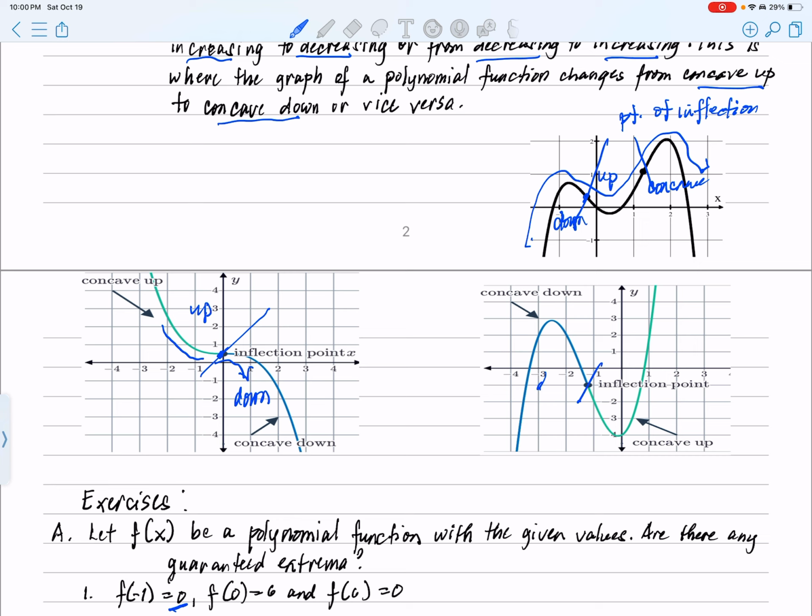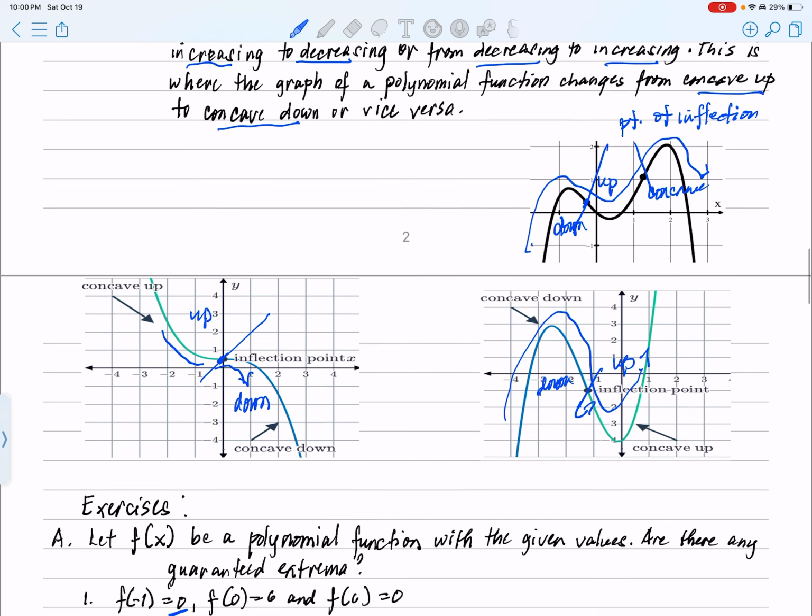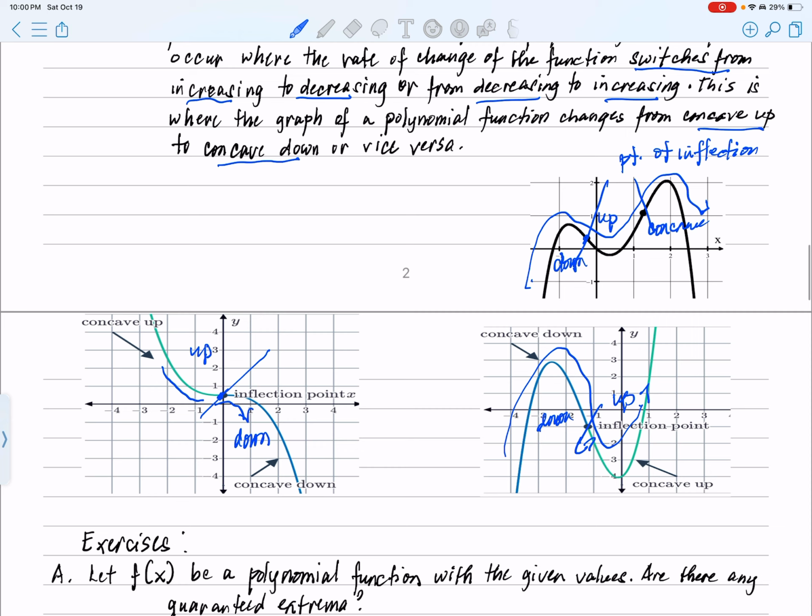This is down and this is facing up. So from down it goes up. The point of inflection is the point where the change starts to switch from increasing to decreasing or from decreasing to increasing.